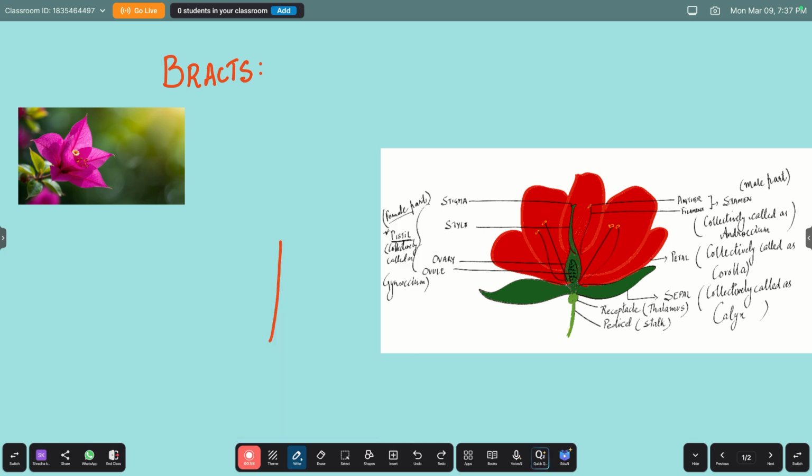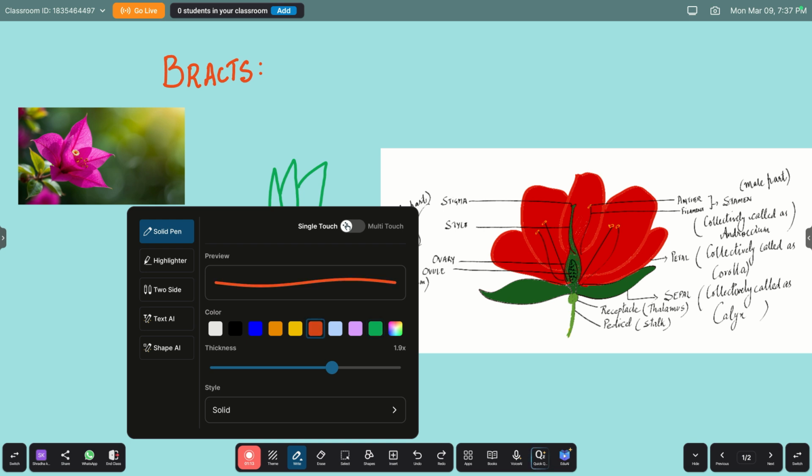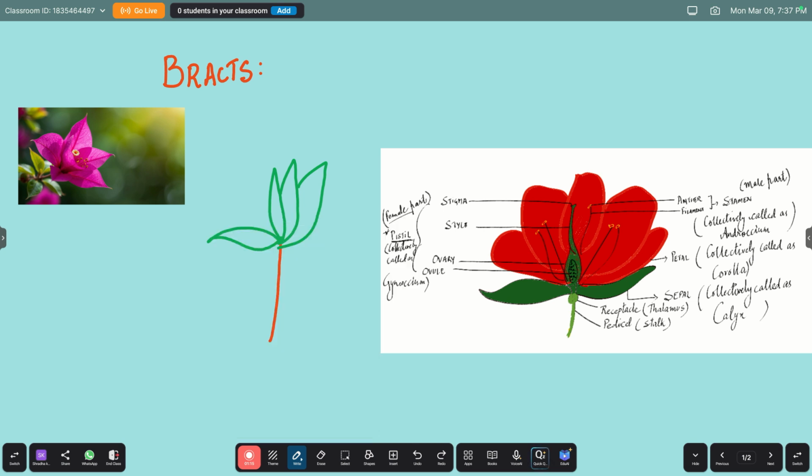Whenever the flower arises from the axil of the leaf-like structure, this structure is exactly known as the bract.